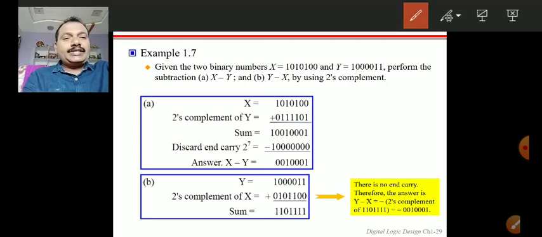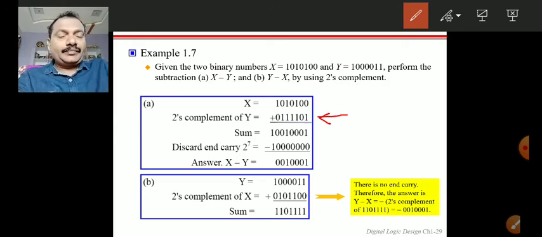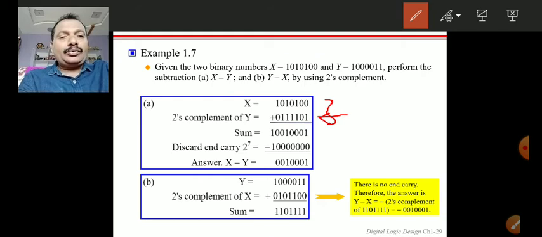Okay, this is the 2's complement of the subtrahend y, and add these two. 0 plus 1 is 1, 0 plus 0 is 0, and 1 plus 1 is 10, carry 1, sum is 0, and 1 plus 1 is 10, and 1 plus 1 plus 1, that is 11, and sum is 1, carry is 1, 1 plus 1 is 11, 1 plus 1 is 10, sum is 0, carry is 1, 1 plus 1 is 10, and you got the sum like this.